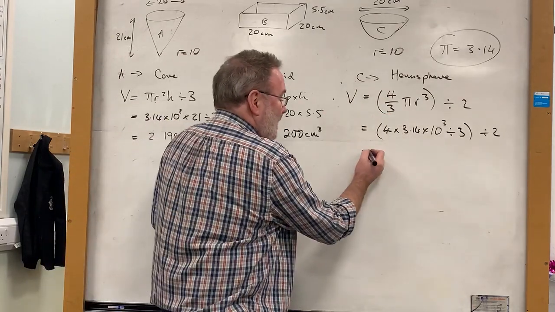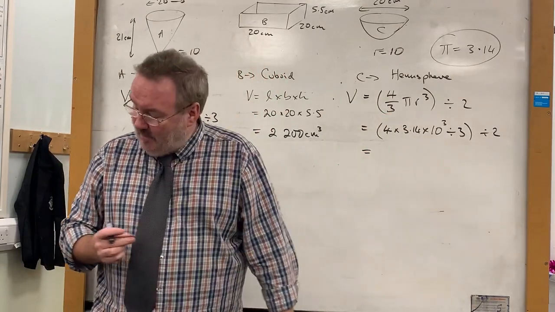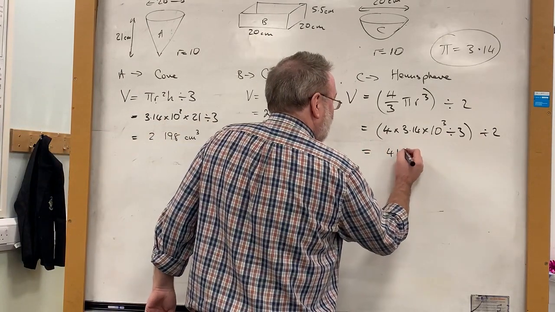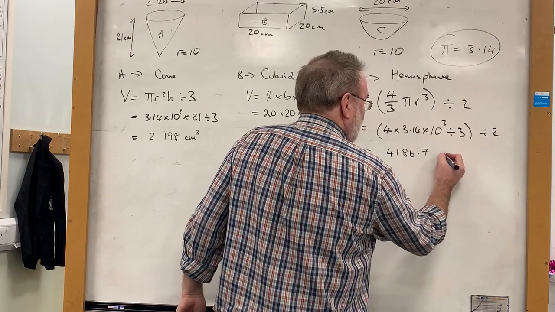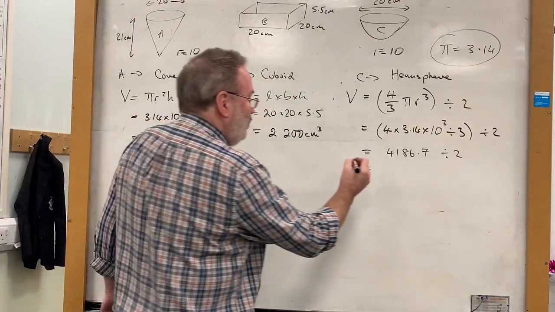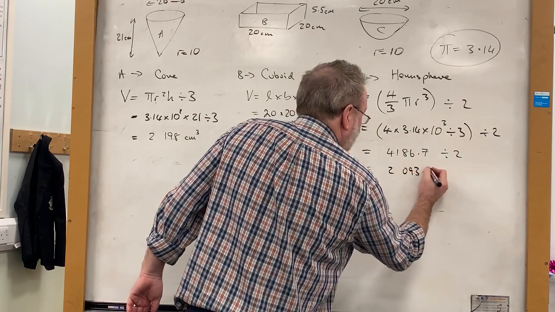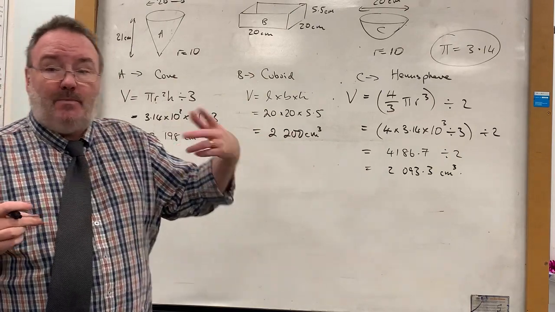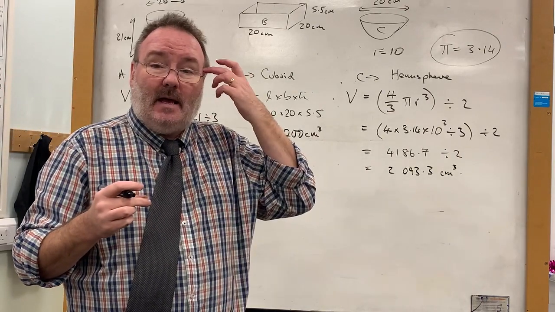But we've done enough examples of that, hopefully, for it to make sense. So if we do that, we get 4186.7. And if we divide that by 2, we get 2093.3 cubic centimetres.